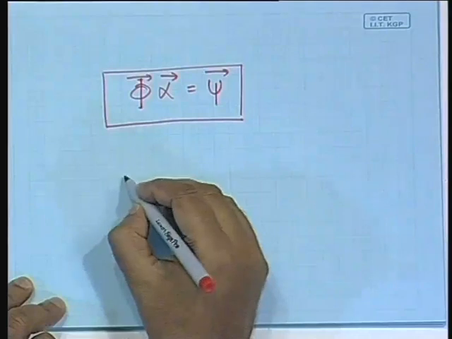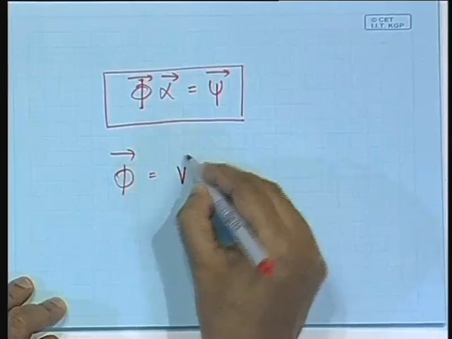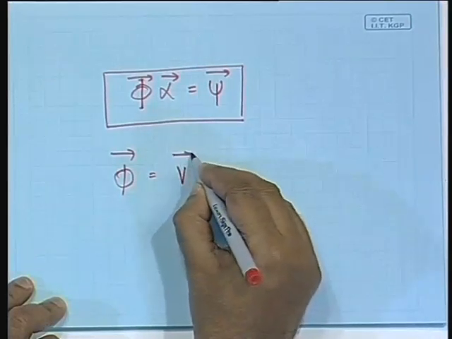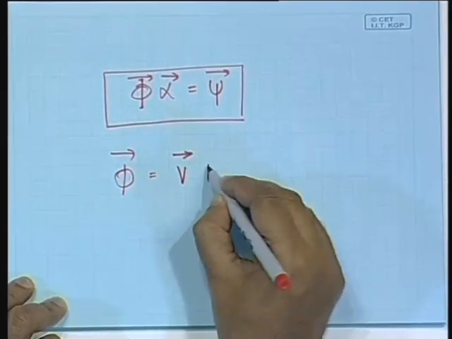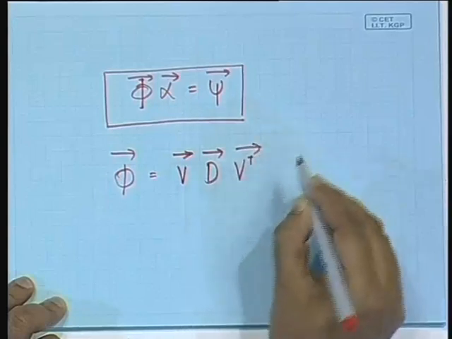Our objective will be now to solve for this alpha, but to solve for this alpha, we have to make a manageable form of this phi. As I said, phi is a symmetric matrix, that property is known, and this phi matrix will be represented in this form: a V matrix multiplied by the D matrix multiplied by V transpose.